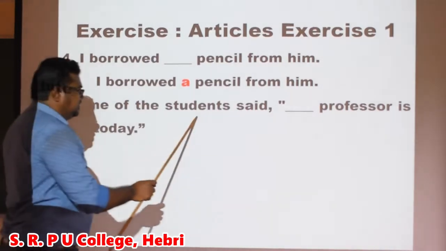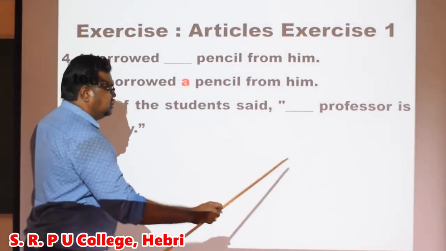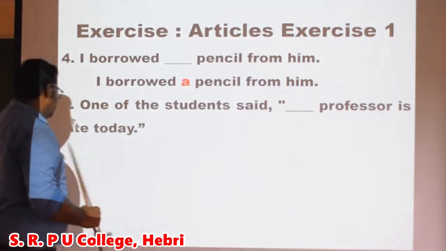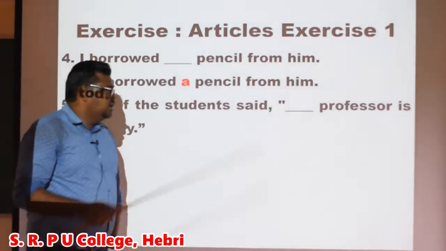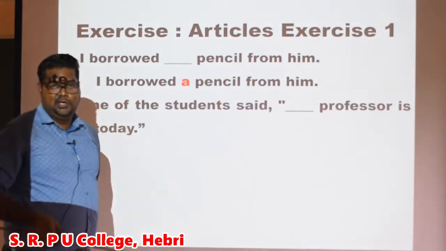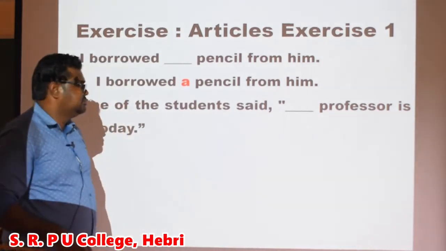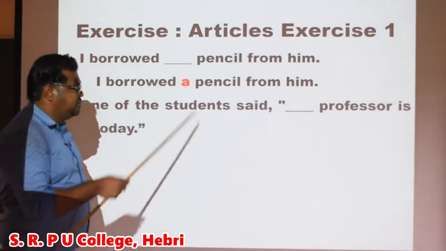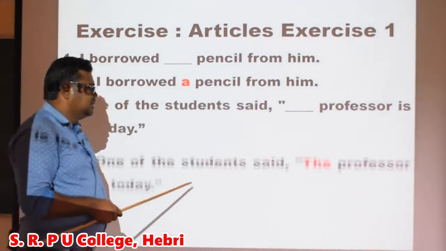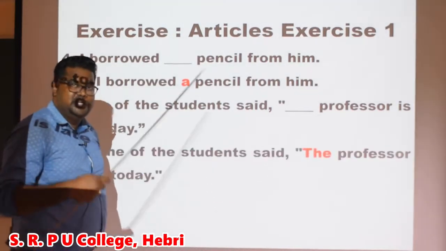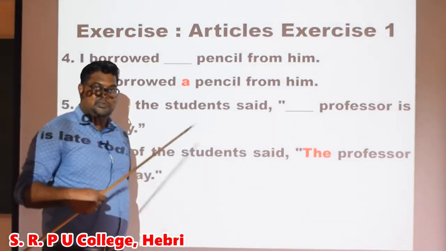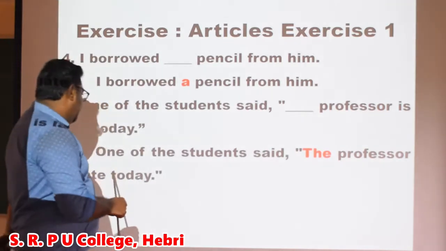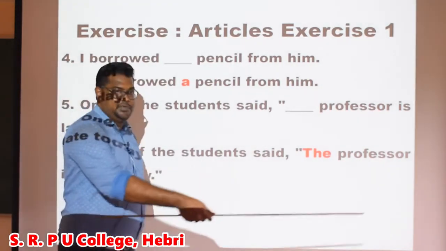Next sentence. One of the students said dash professor is late today. So what we are doing here? We are once again specifying a particular person. We know which person we are speaking about. One of the students said, "The professor."